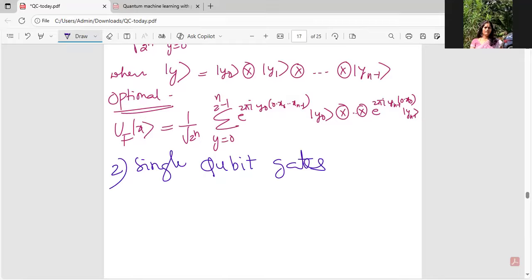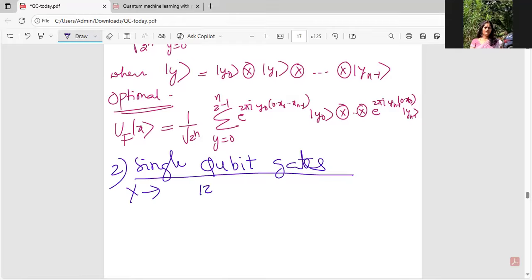Single qubit logical gates are, of course, X. X is a single qubit gate. Of course, X, Y, Z all are single qubit gates. Just see here what's its action.